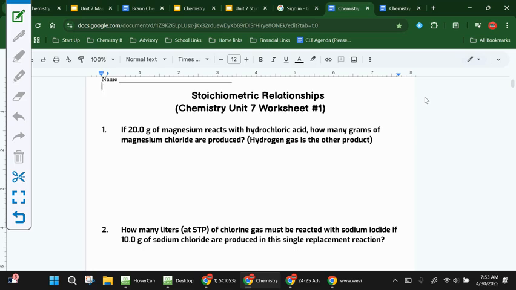You don't need to worry about putting any amounts in, just write a balanced chemical equation for these things reacting. Magnesium, metal, and hydrochloric acid.